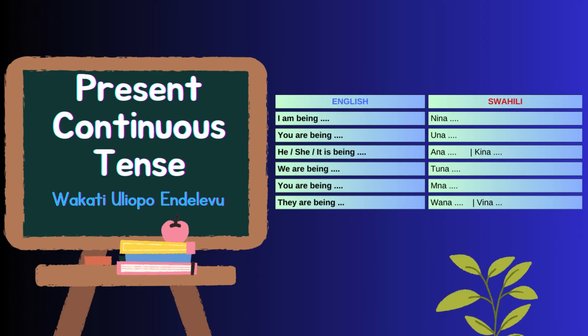You are being. For example, you are being stupid. He, she, it is being. Examples: he is being stubborn. She is being adamant. It is being fed. We are being. For example, we are being punished. You are being. For example, are you being punished? They are being. For example, soldiers are being trained.